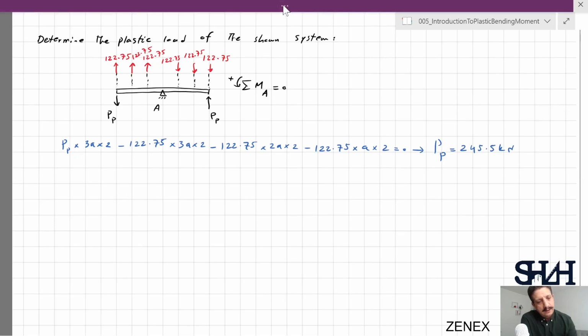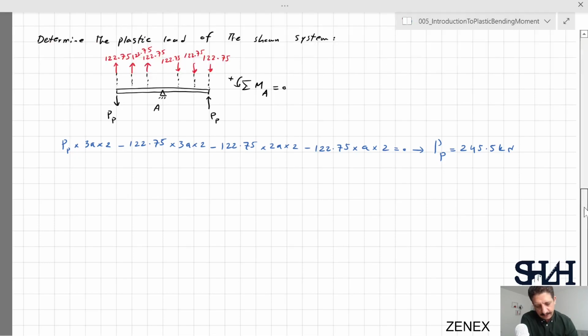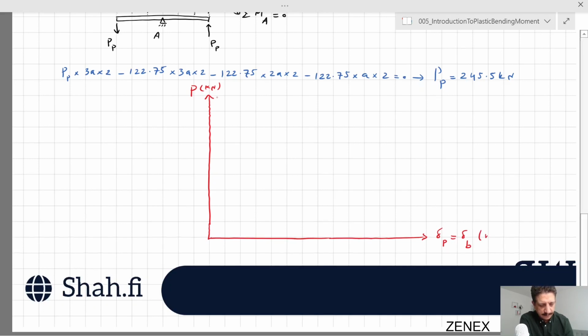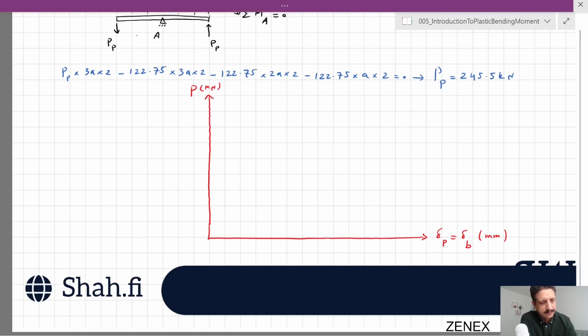And the most important graph in such cases is the force and its corresponding deformation for the point where you apply it. So this is P in kilonewton, and deformation at point P, which is the same as the deformation of point B in this example.